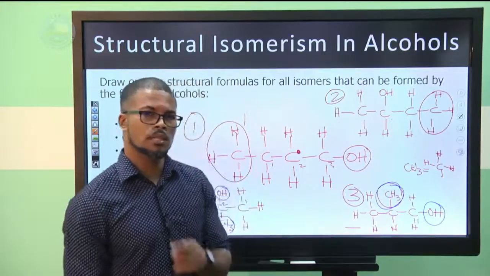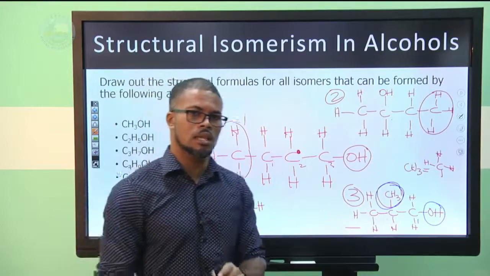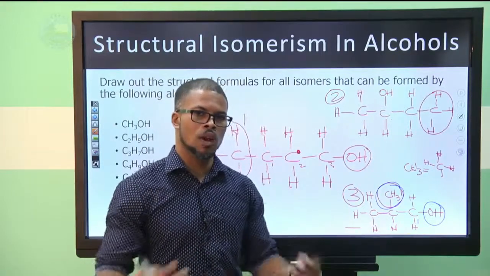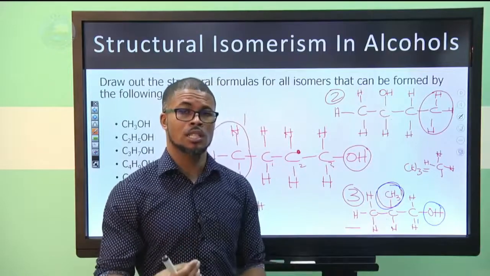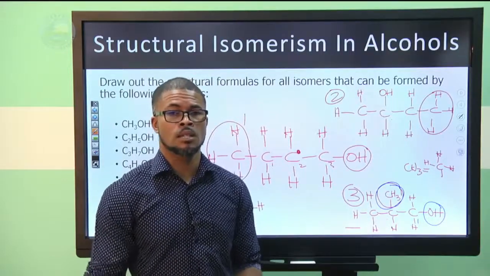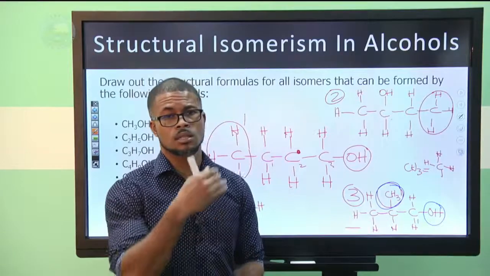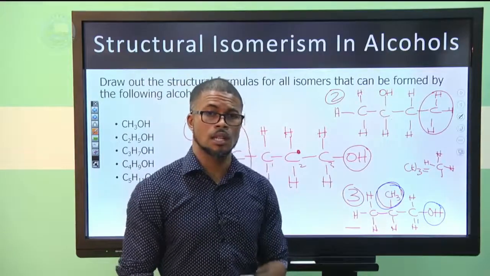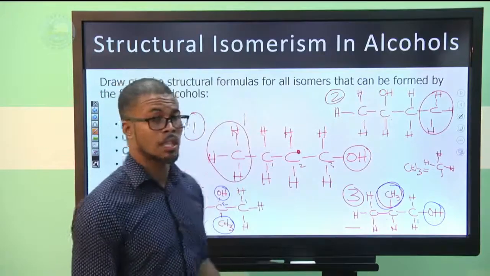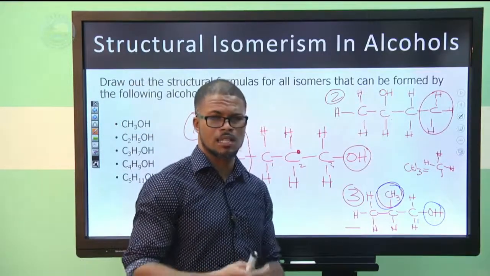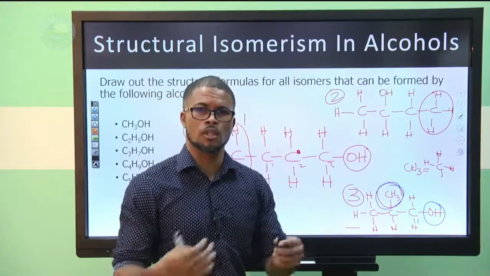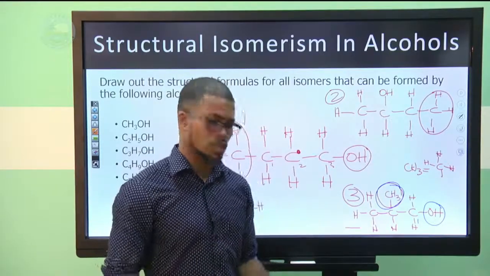But what makes the isomers easier, and you understanding whether or not your isomers are correct, is understanding how to name them. And understanding how to name them gives us the understanding that our isomers are actually different. All right, it just helps us to put some checks and balances to ensure that the isomers that we have are really isomers.